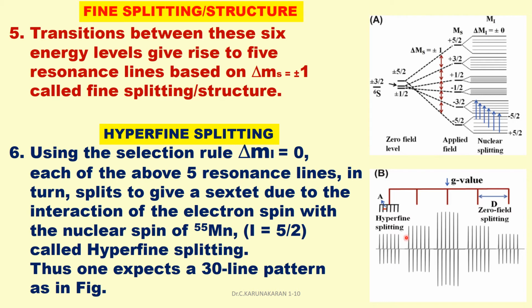This is called hyperfine splitting. Therefore, 5 into 6, there are 30 lines observed in the EPR spectrum when D is greater than A.